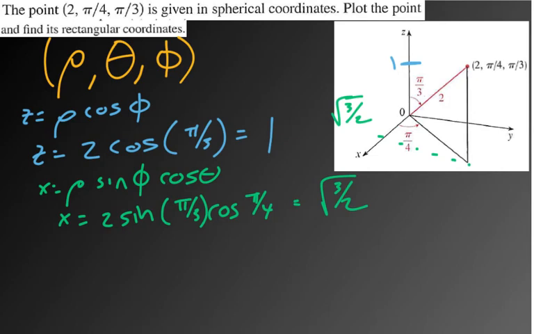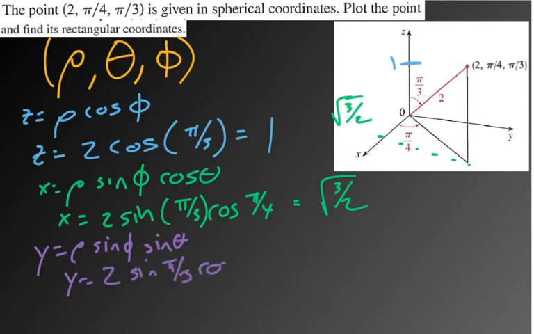And then lastly, y is rho sine phi sine theta, which in this case is going to be 2 sine pi over 3 sine pi over 4. And if you do that one out, you also get the same thing. So this point right here is square root of 3/2 again.